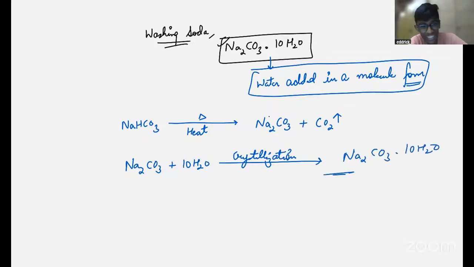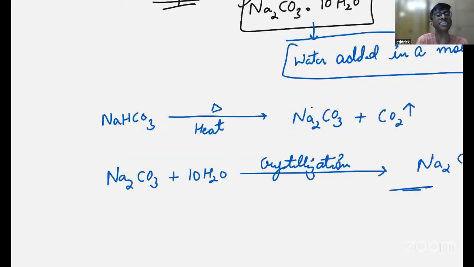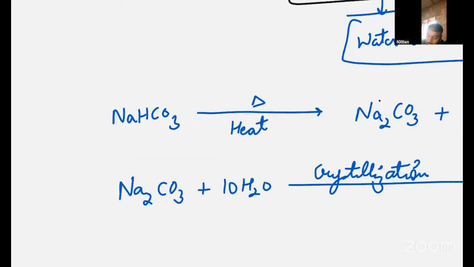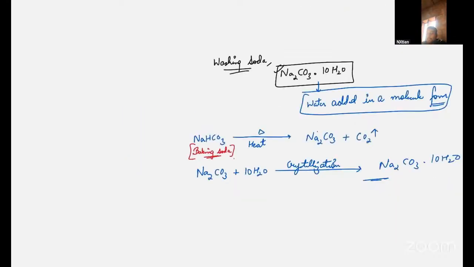So what is the triangle? Triangle means heat. I thought triangle meant catalyst. No, triangle means heat, and this NaHCO3 is basically baking soda or baking powder, anything that you want to take.